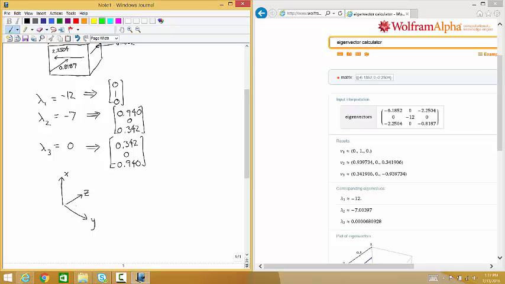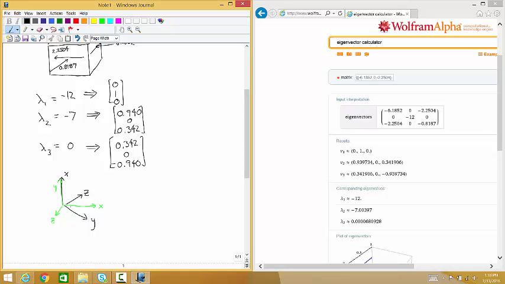So this is our starting coordinate system. There's our old x, old y, old z. And then I just used the components of these eigenvectors, trying to represent what those vectors would look like.